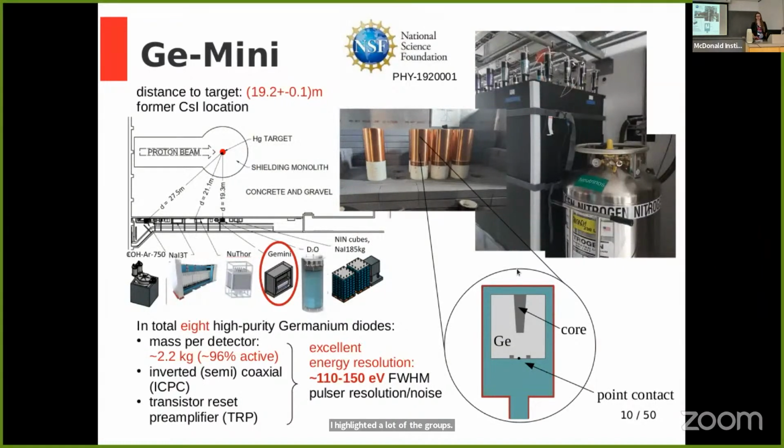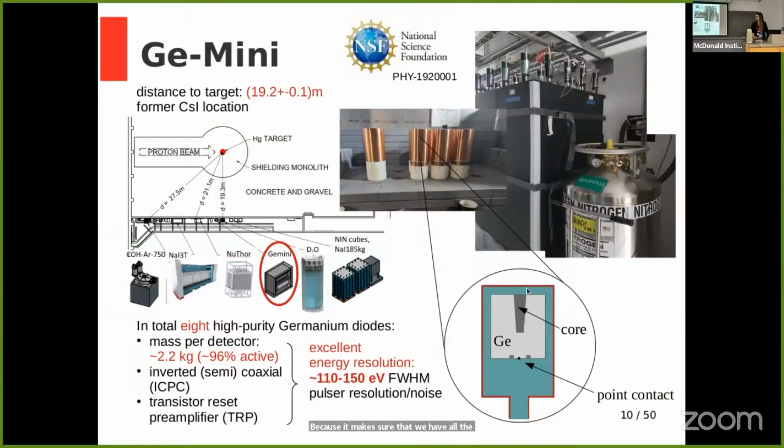To get this, we have the reverse coax design, which means that we have a point contact down here. The point contact ensures that we have this very good energy resolution of 110 electron volts, because it makes sure that we have a low capacitance.